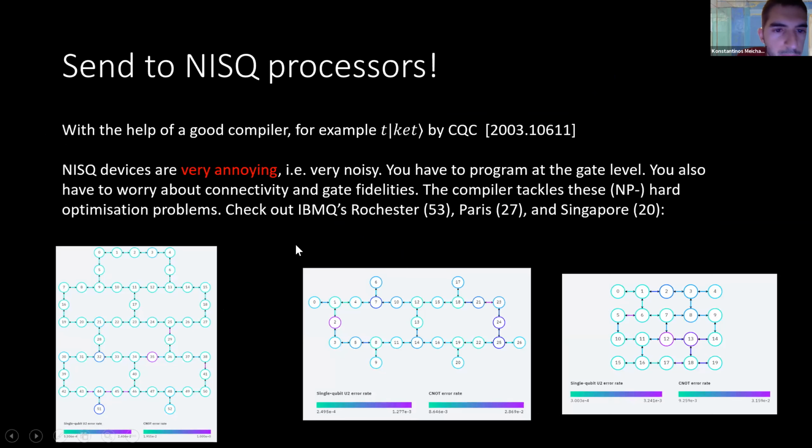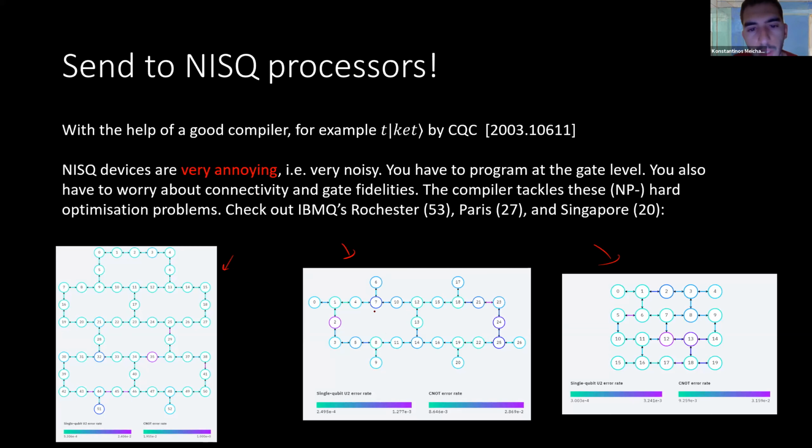This is a slide that shows 3 devices by IBM, so that you get an idea of the problems you might run into when you want to do some implementations. For example, these are the Rochester, Paris, and Singapore devices by IBM. So this has 53 qubits, this has 27 qubits, this has 20 qubits.